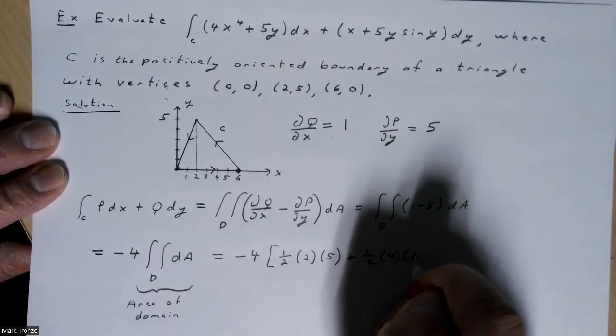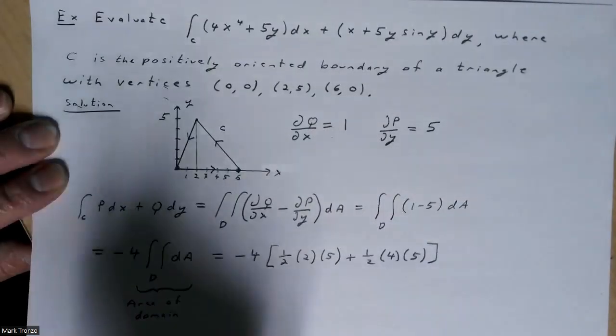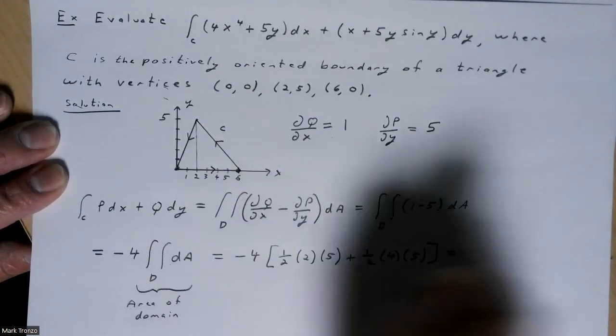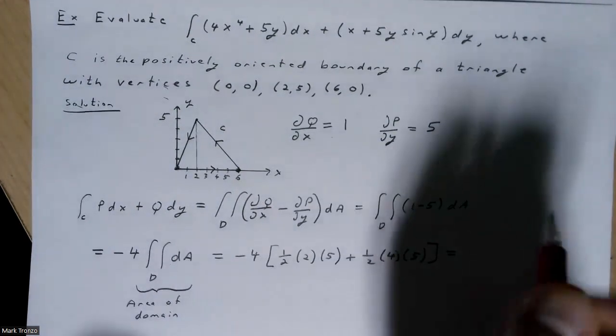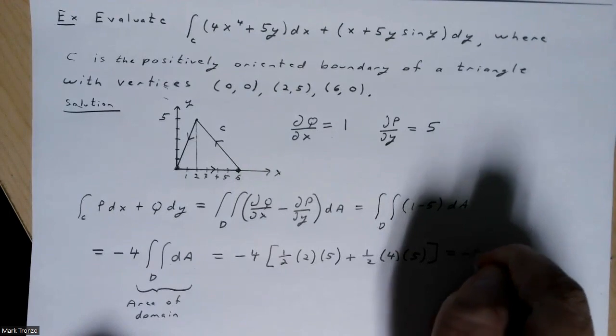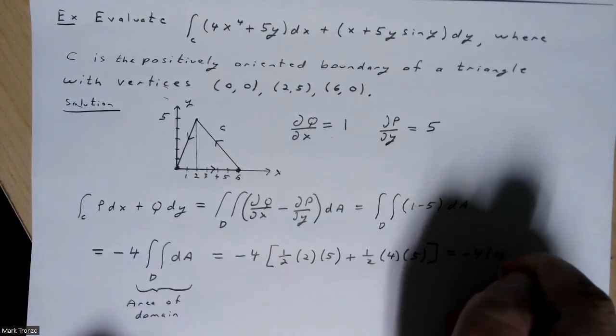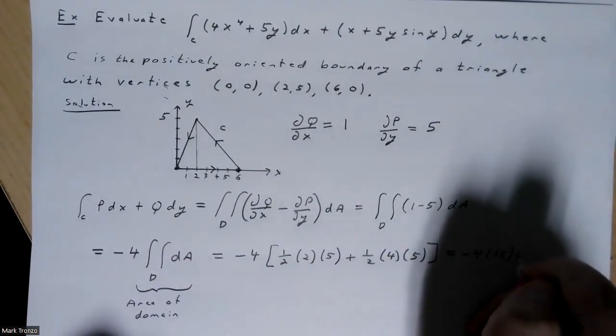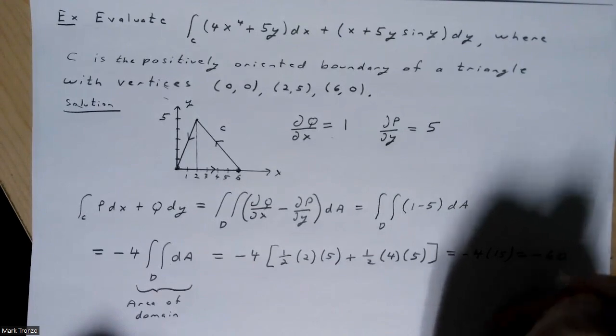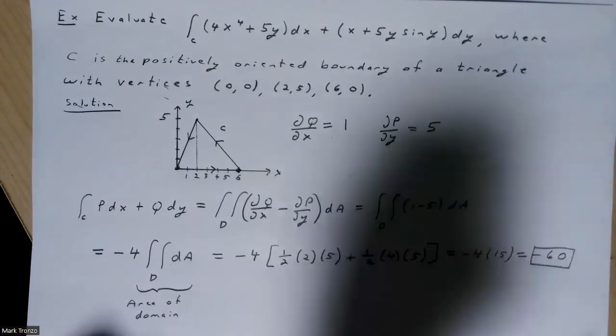And the height is also 5. And so it looks like we have 5, because this will be 1 times 5. This will be 2 times 5, which is 10. So that's 5 plus 10 is 15. And if we multiply that by -4, we get -60.